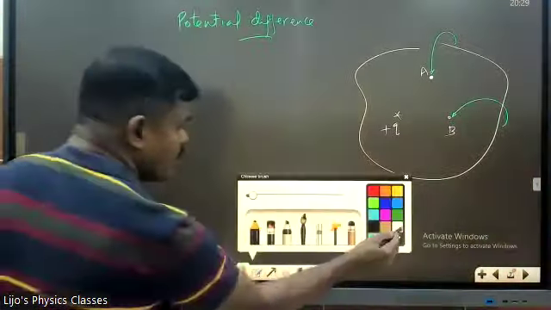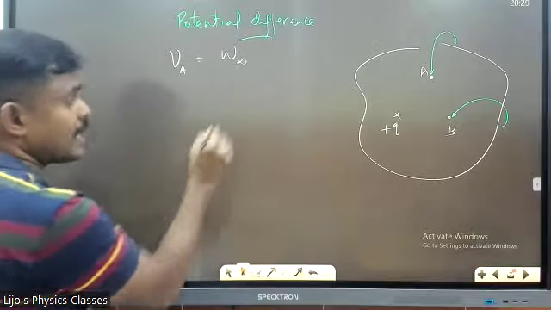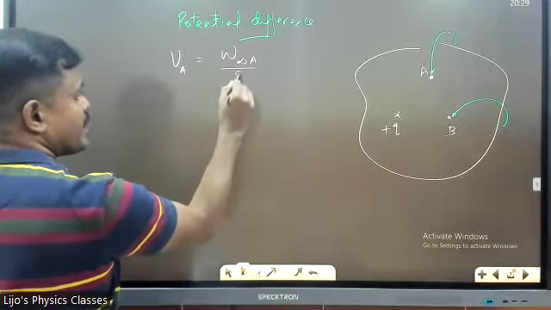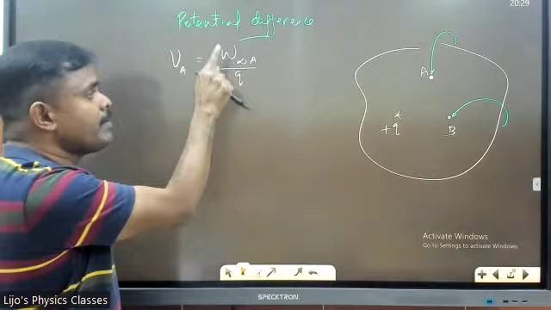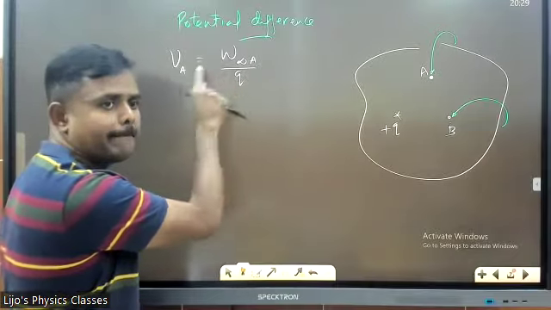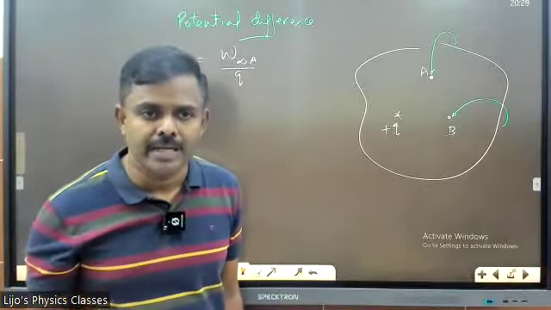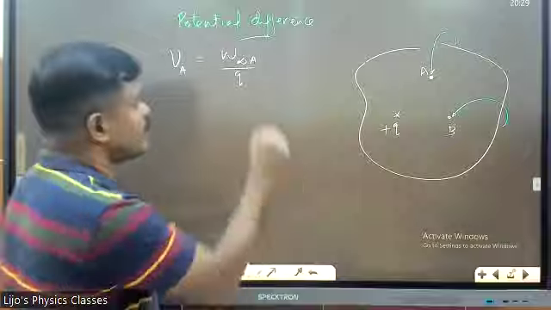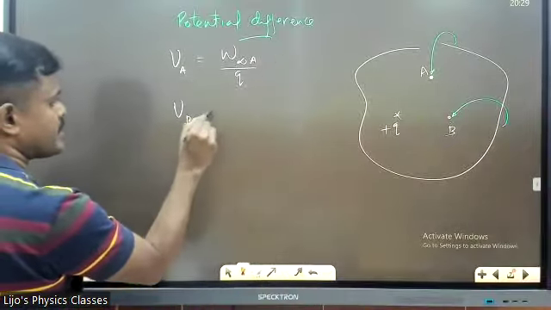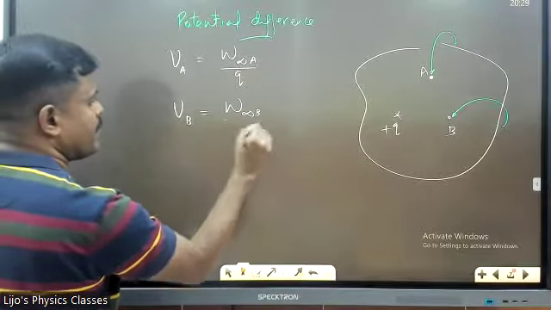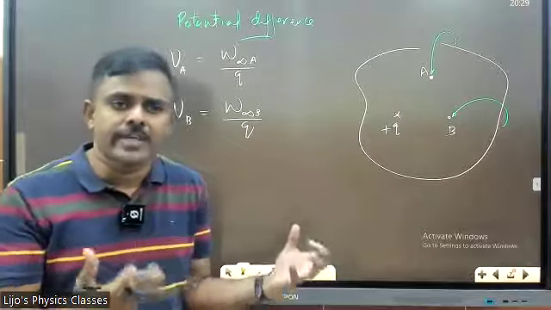Potential at A is work done in moving a charge from infinity up to A per charge. Why per charge? All the time you bring +1 coulomb, right? And potential at B is equal to W infinity B by Q. I've just written the mathematical form of the definition.